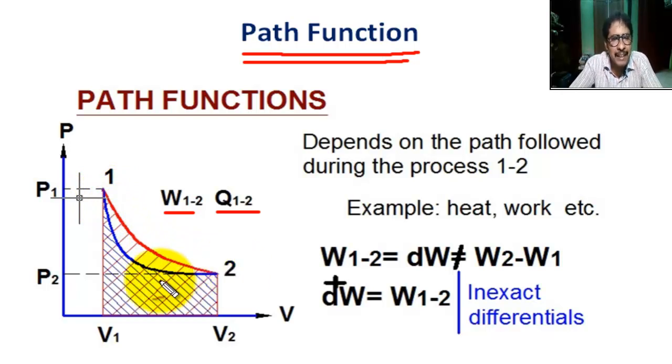If path is different, means if path is blue color, area is different. Area under this curve is this, and when path is 1 to 2 red color, area is this. Area amount is larger.